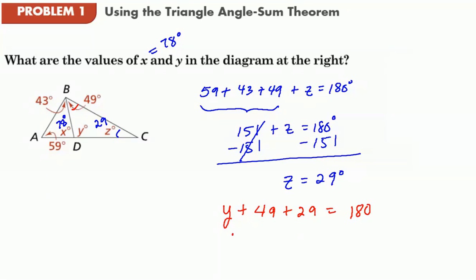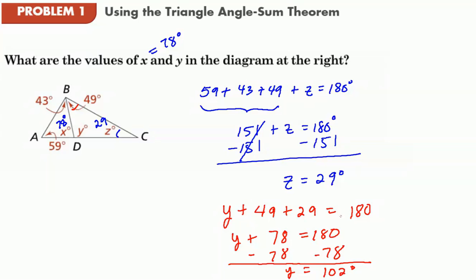We go ahead and add these together. So this would equal 78, and then all that equals 180, subtract 78. And then we can solve that y is going to equal 102 degrees. Alright, so this is one way you could do this, but there's other ways.